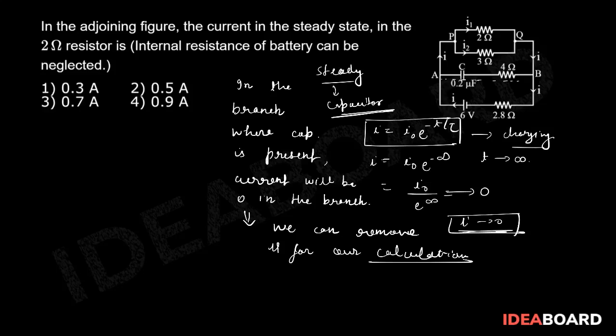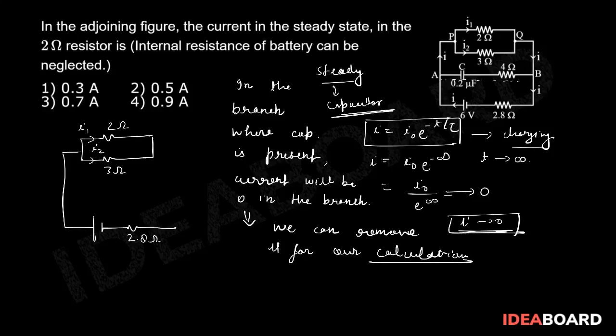If I remove the branch, we get a diagram like this. There is a 2 ohm resistance with current I1 and another resistance, let's say 3 ohm, with current I2. Perfect. Now there is a branch which was coming, connected with a battery of 6 volts, and there is another resistance of 2.8 ohm.